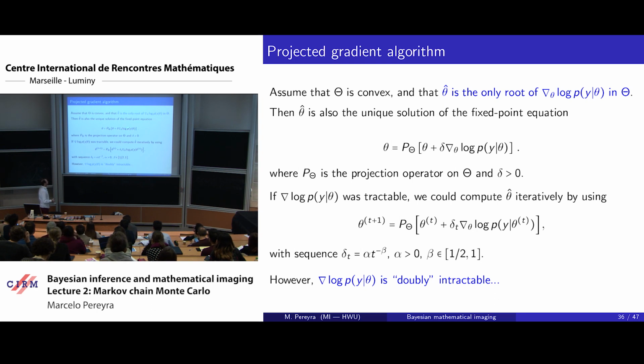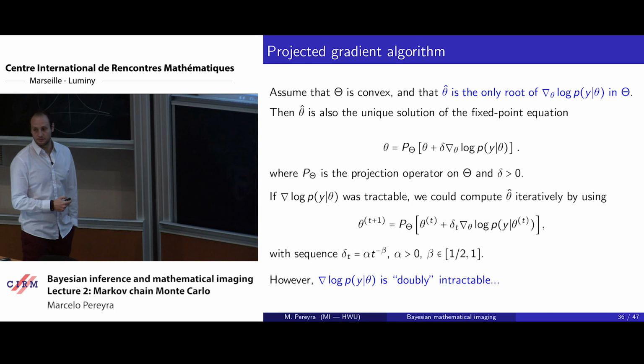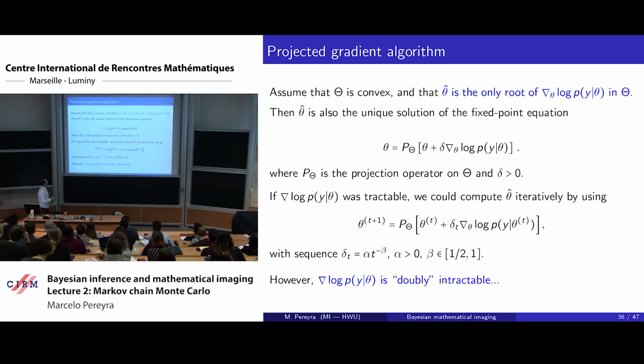Well, let's first suppose that I could compute gradients. So one of the things I could do is use a gradient algorithm. That comes from this fixed point equation. I want theta to live in capital theta, and I know that if theta verifies this fixed point equation, then it is my maximizer.